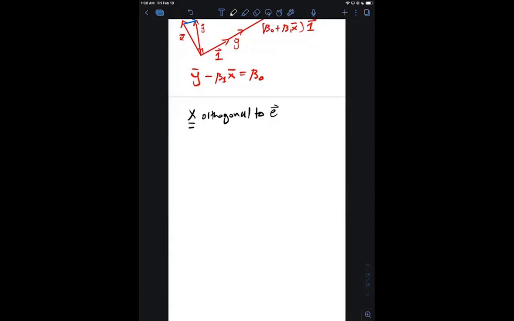Well, I kind of like this idea. What if I said, I want this to happen, and I want this to happen.